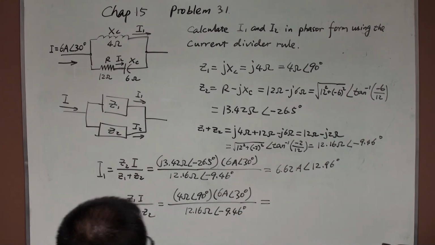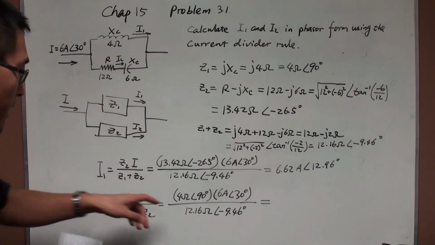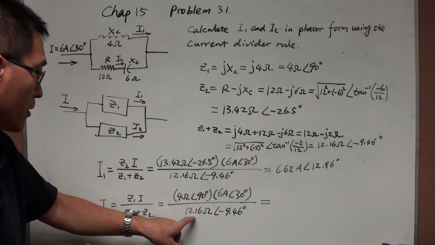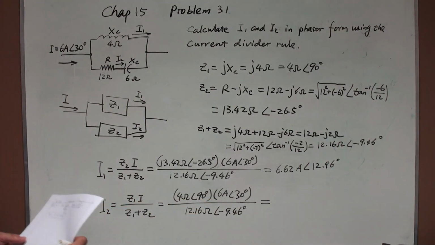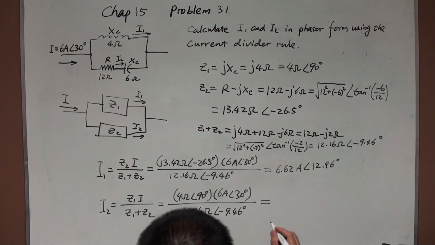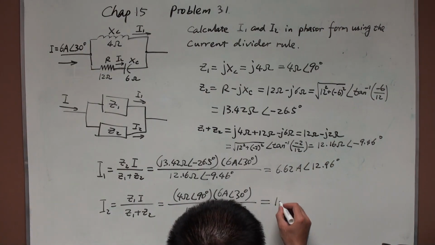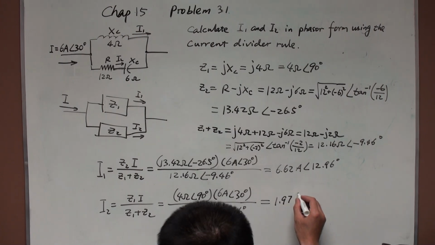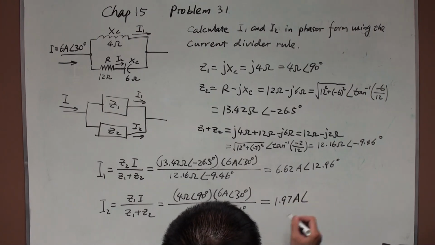So it's 4 times 6 over 12.16, which is equal to 1.97 amps with an angle.